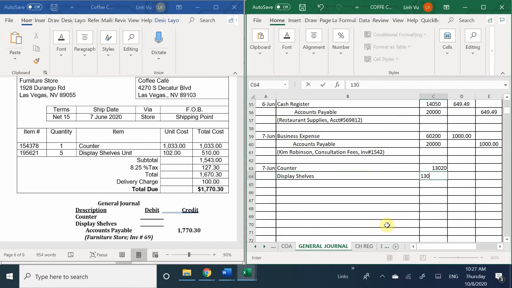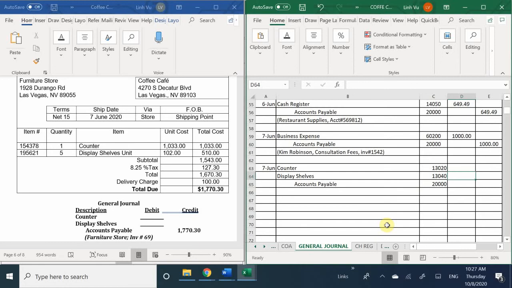And that was 13040. All right. And then lastly, because I'm choosing to pay it later, it's going to be on an accounts payable. 20,000. Right. So I know that at the end of the day, I must equal to 1770.30.